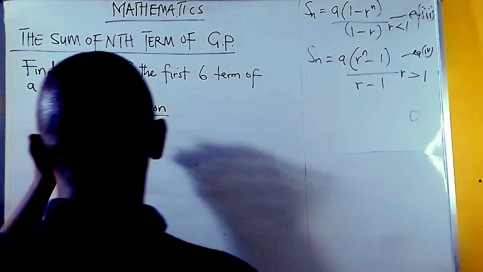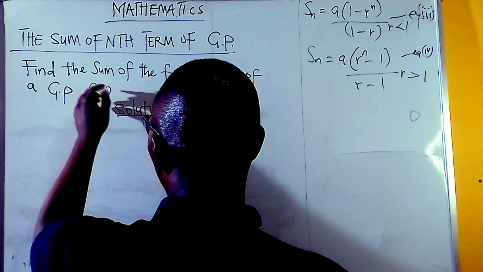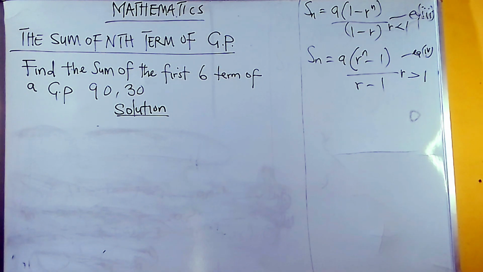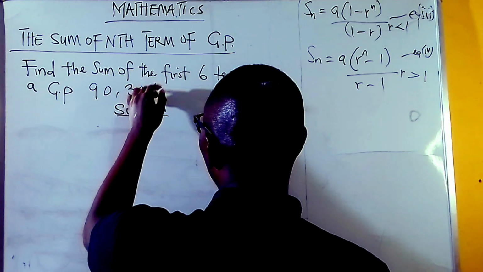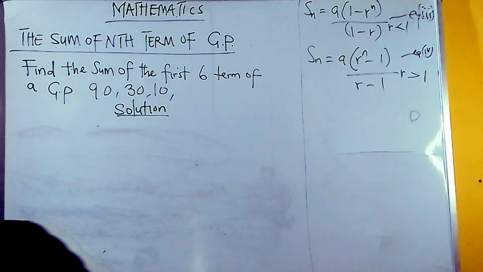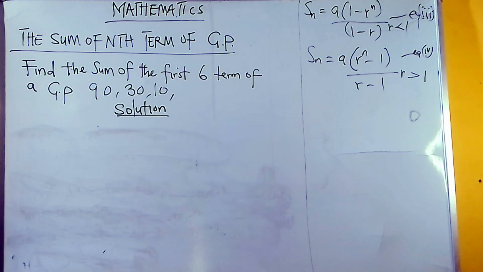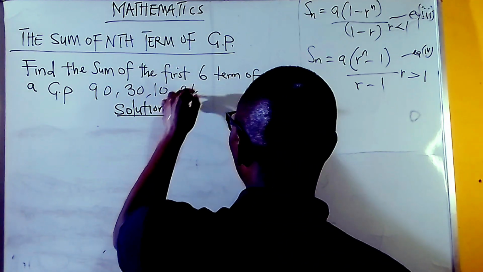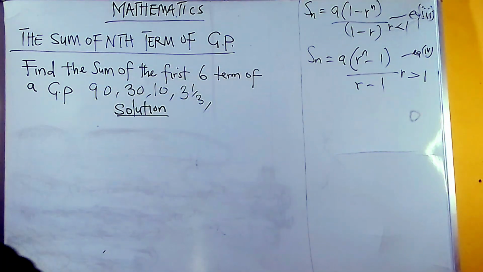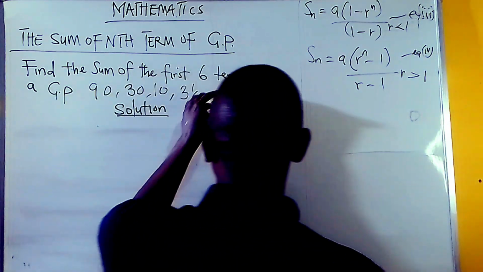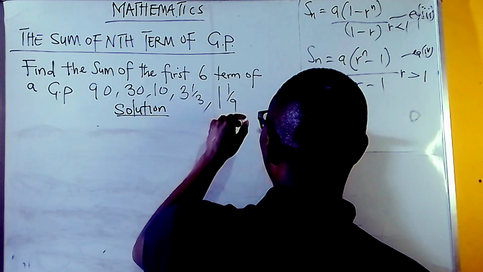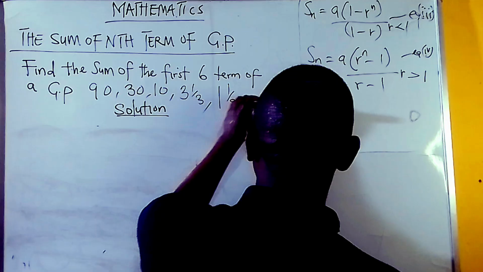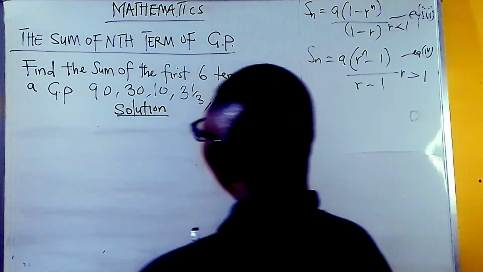So here we have 90, 30, 10, 3 whole number 1 over 3, and lastly we have 1 whole number 1 over 9 as the GP.